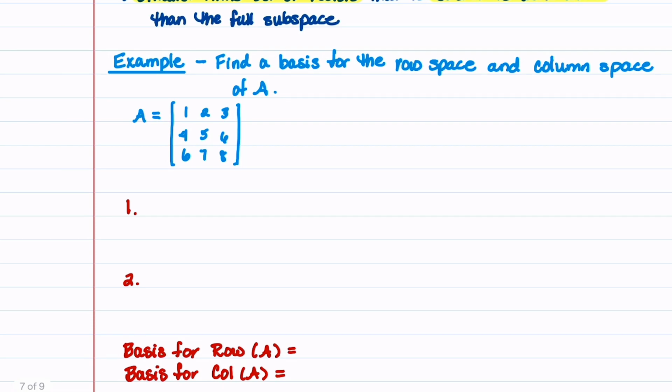To find the basis for the row space or column space of a matrix, we're going to begin by taking our matrix A and putting it in echelon form. That form looks like this.